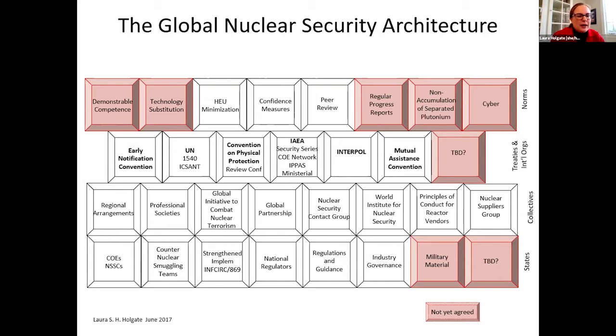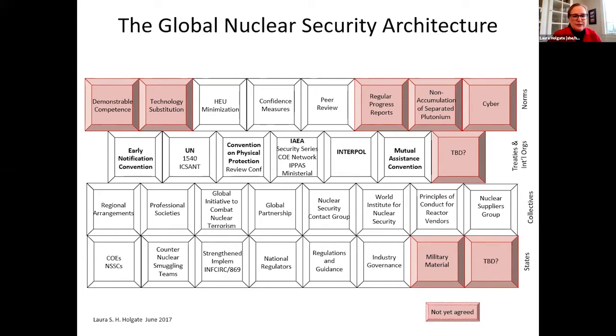One area that is challenging, and that's why it's shown in red on this slide, or pink, is the security of military materials. This is plutonium and highly enriched uranium that are in military programs, weapons programs. That's only a national level effort, but it's also often quite isolated from international cooperative efforts and engagement.